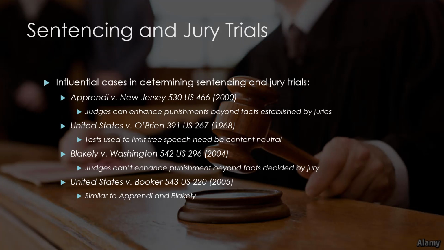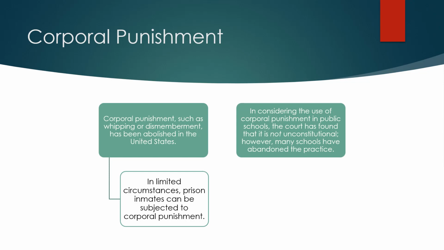All right, let's move on to corporal punishment in the United States. Corporal punishment, which is whipping or dismemberment, beating, has been abolished. Now, in very limited circumstances, prison inmates can be subject to certain types of corporal punishment, or things that border on corporal punishment, I would say, is probably more exact. But by and large, we have stopped inflicting physical pain on people, except in one place, and that's our public schools.